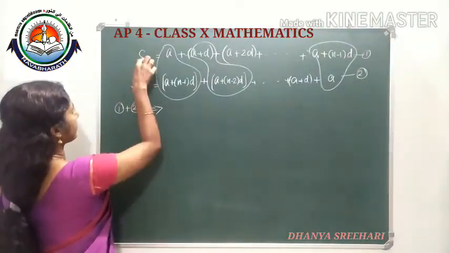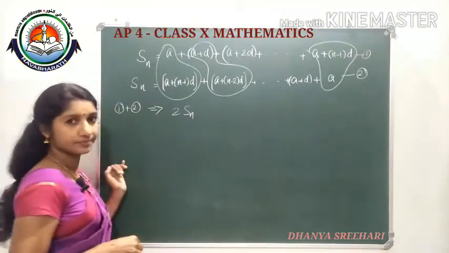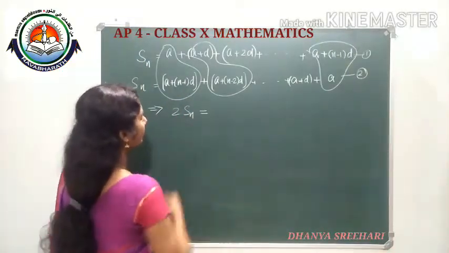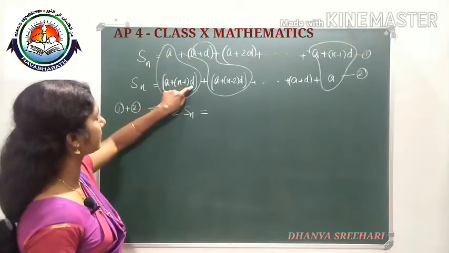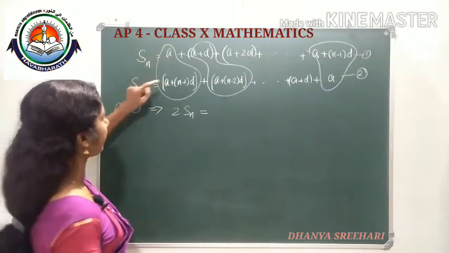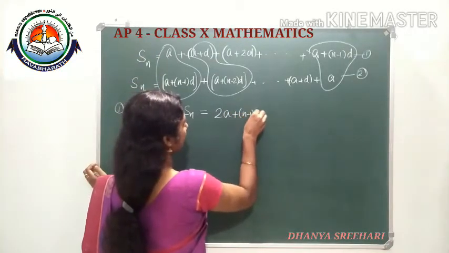Then on the left side we get Sn plus Sn, which is 2 times Sn. On the right side, a plus a plus n minus 1 into d gives 2a plus n minus 1 into d.